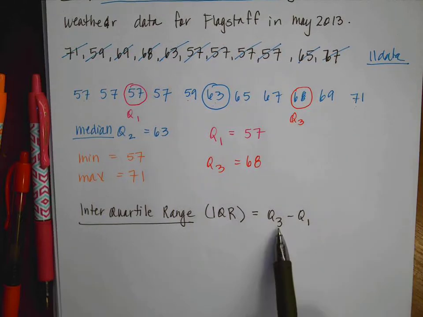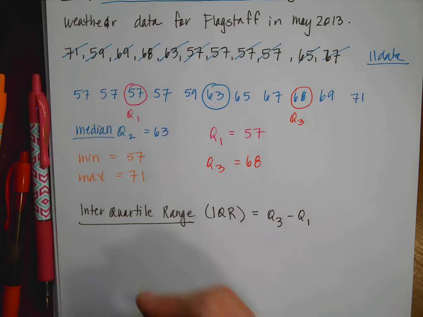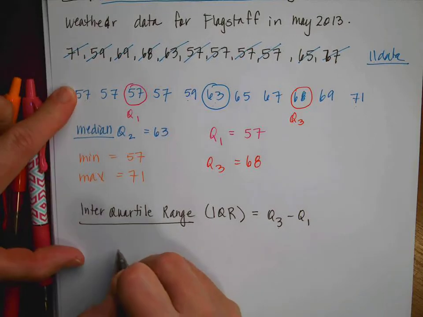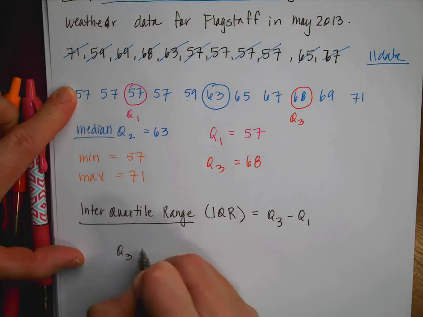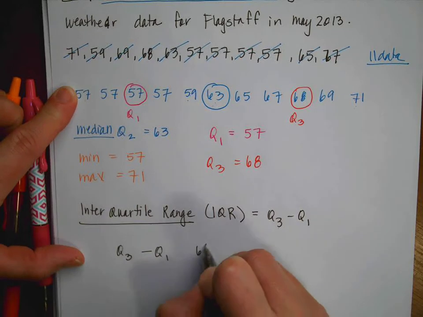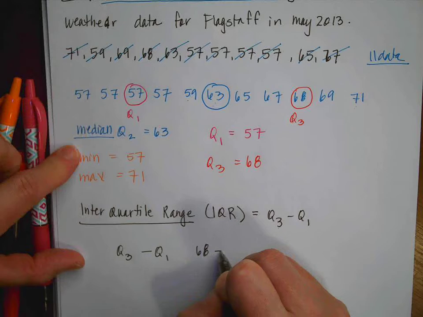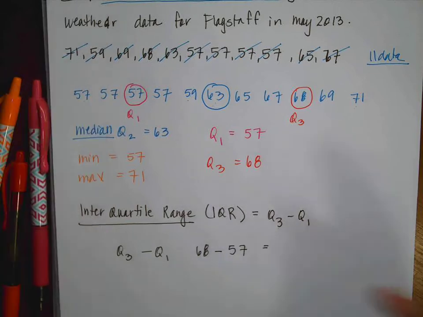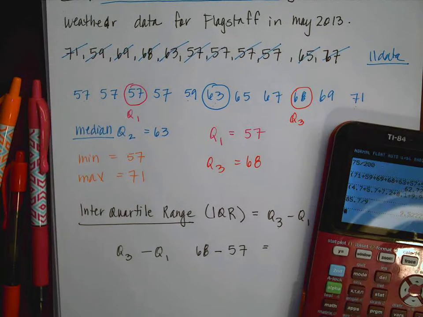So if we look at the example that we just did, our interquartile range is going to be Q3 minus Q1. So if I do that for this data, I'm going to take Q3 and I'm going to subtract Q1. So I'm going to do 68 minus my Q1, which was 57.